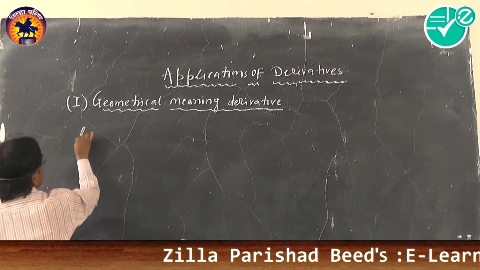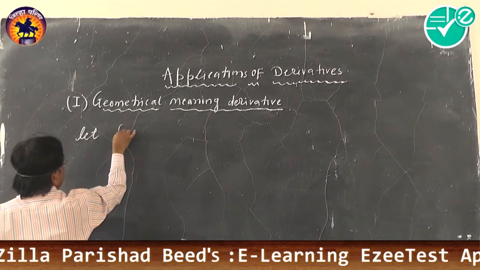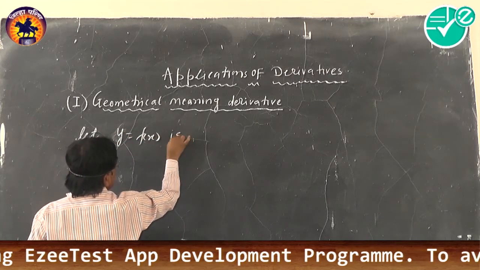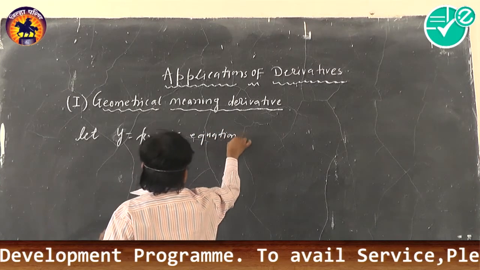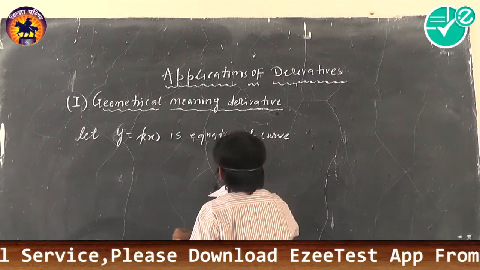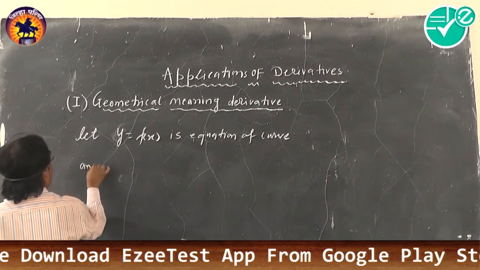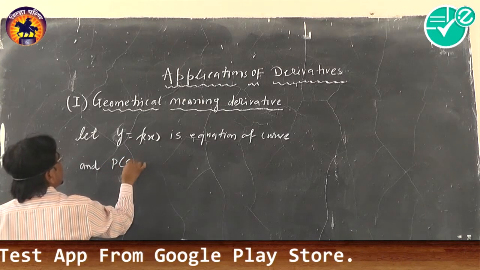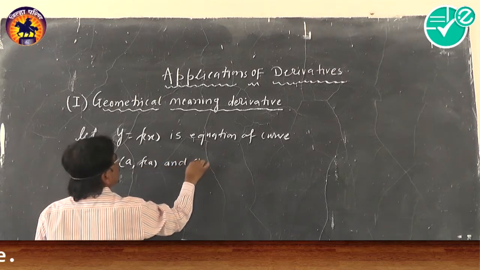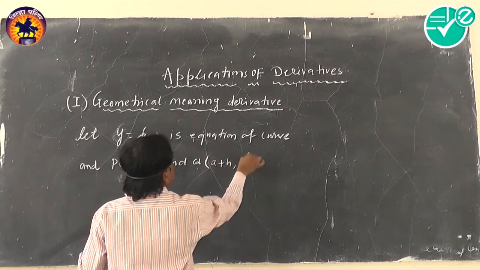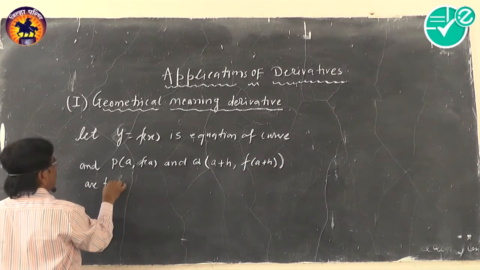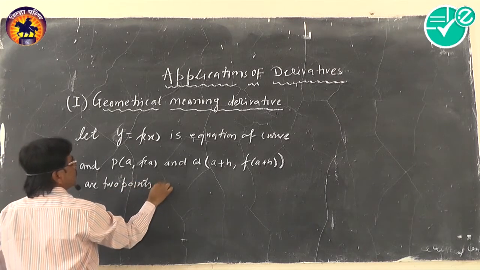Let y is equal to f of x is the equation of a curve, and P(a, f(a)) and Q(a plus h, f(a plus h)) are two points on the curve.